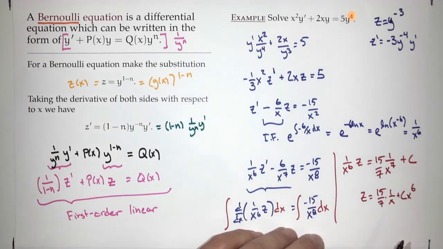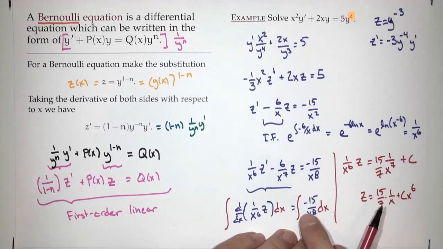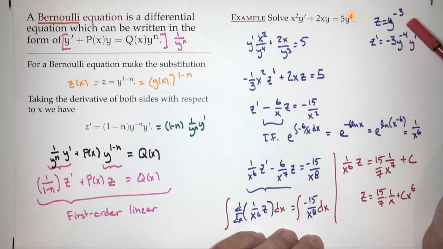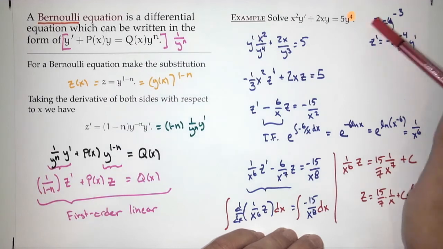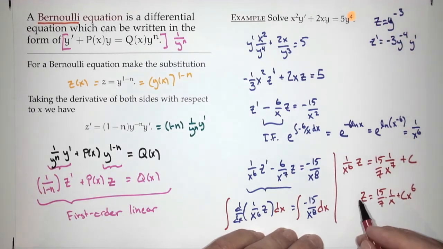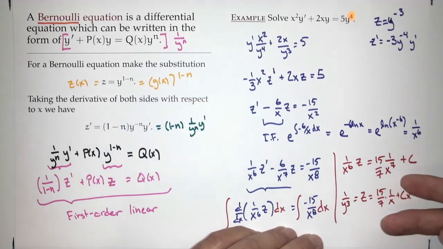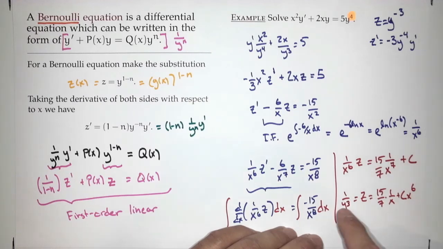But are we done? We got that. Are we done? Oh, right. We've got to get back, because we made a substitution. So z is 1 over y cubed. So finally, to get y, we can say flip it and then do what? Cube root.